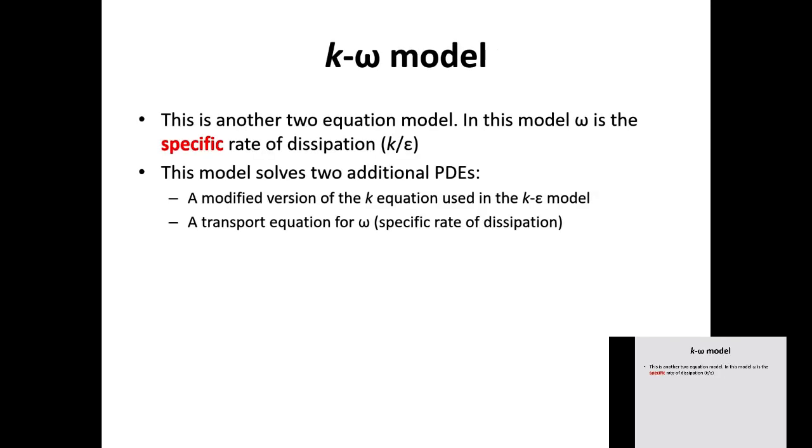Okay. And the k omega model is the next up in the ladder. So it's again a two equation model. Omega is the specific rate of dissipation, epsilon over k. Because of that, it solves two more partial differential equations.